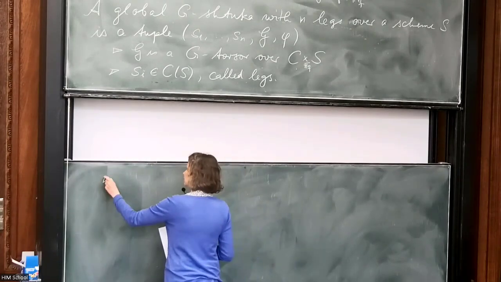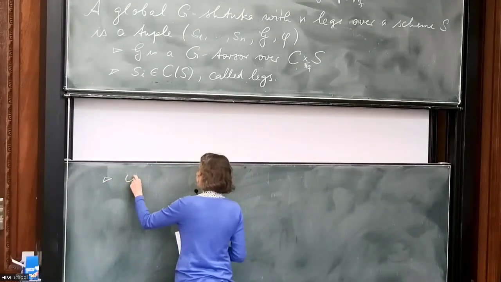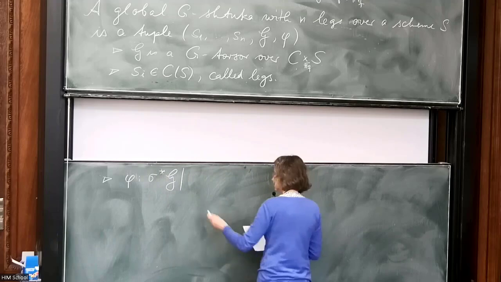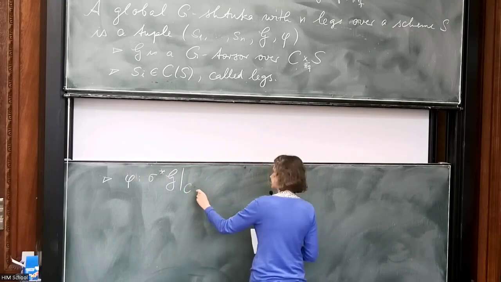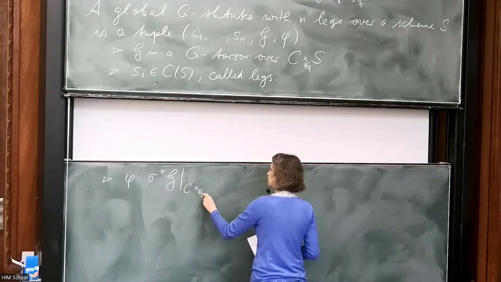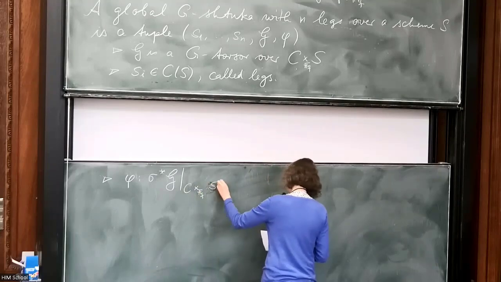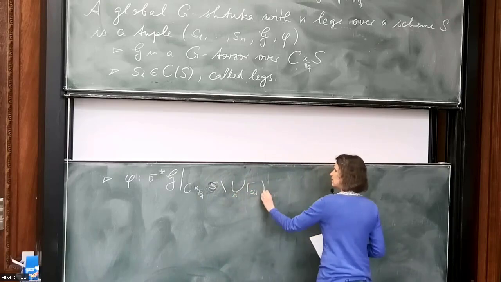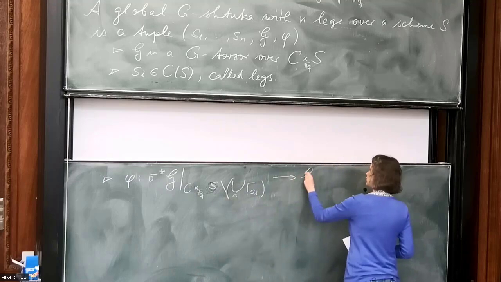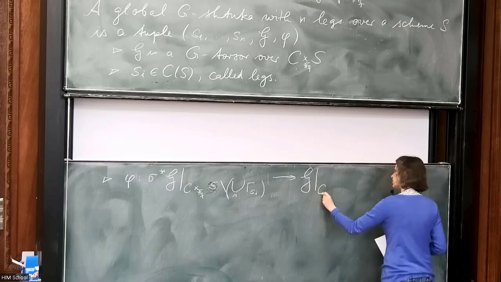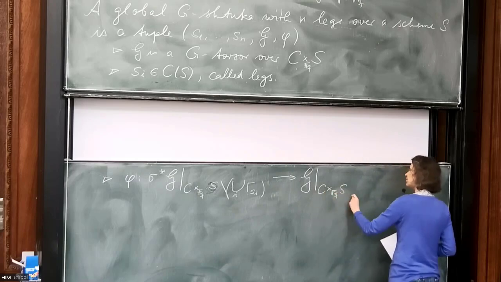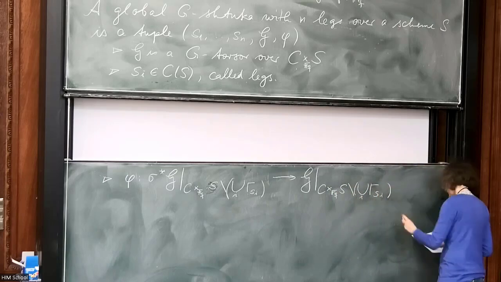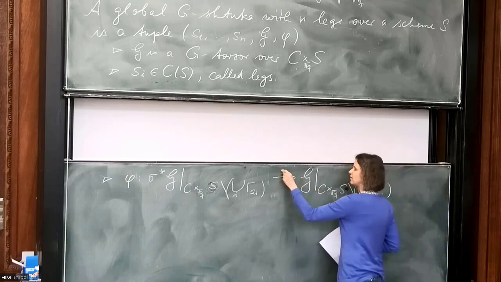And then phi is an isomorphism between the Frobenius pullback of this torsor over the complement of the graphs of these legs. So we have C times S, and then we take the complement of the union of all the graphs of these s_i, mapping to G, and the same restriction here. And this is an isomorphism.